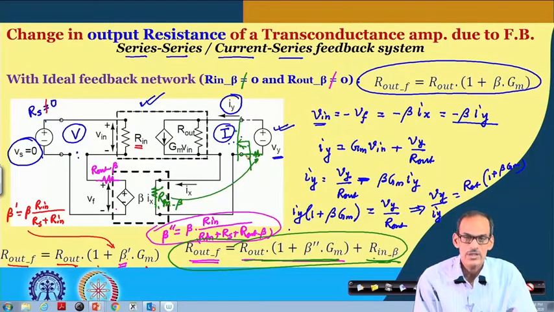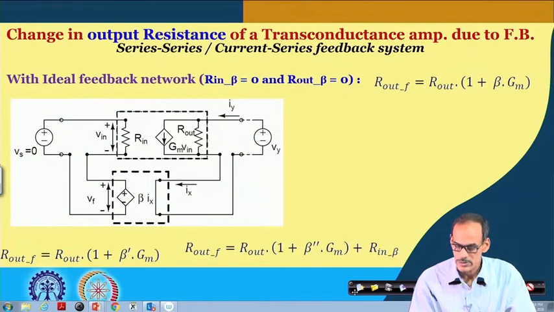Now, whatever discussion we have related to change in gain, input resistance and output resistance, probably that will be clearer if we consider some numerical examples. So, we do have some interesting numerical examples.